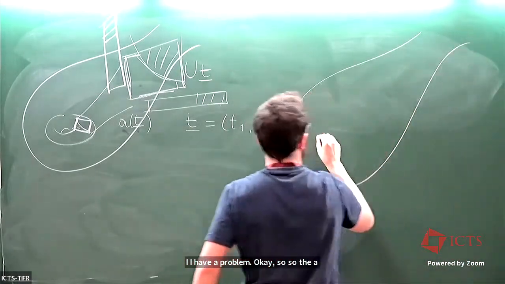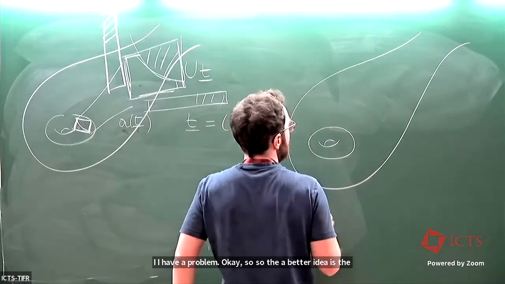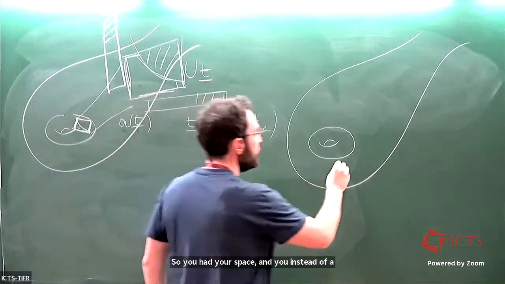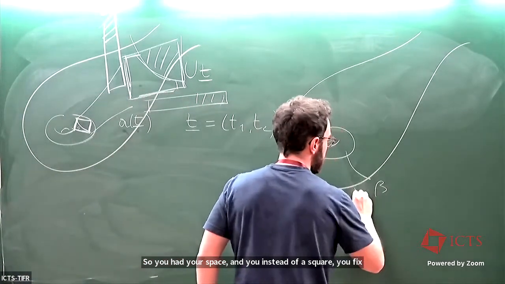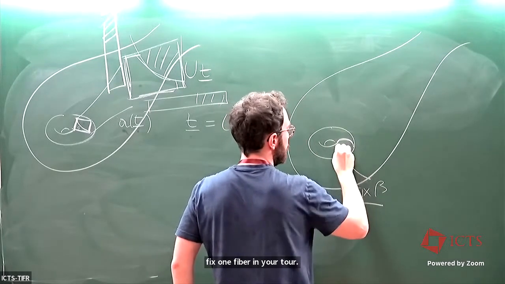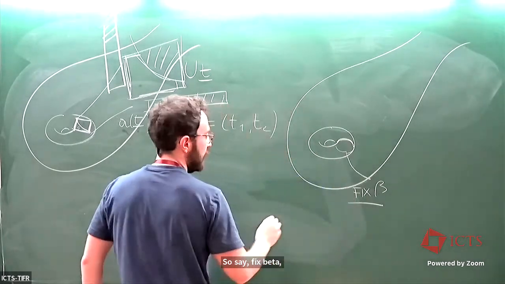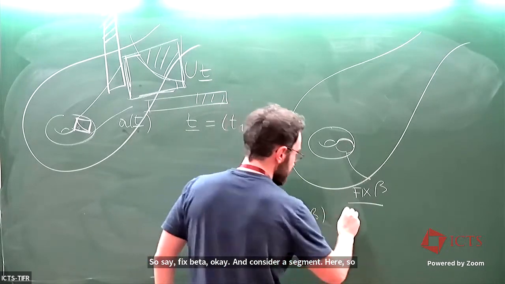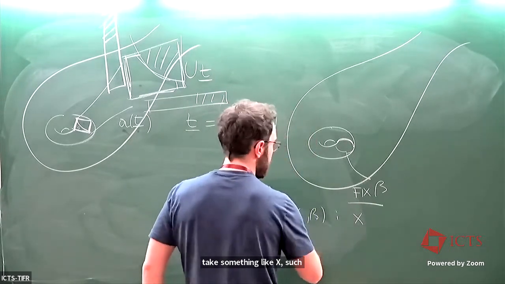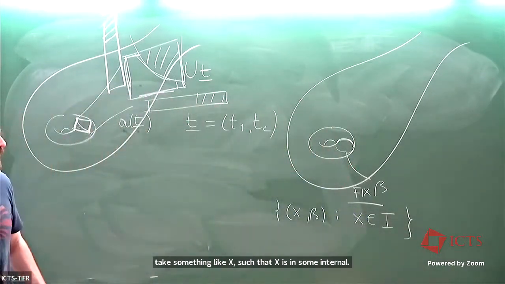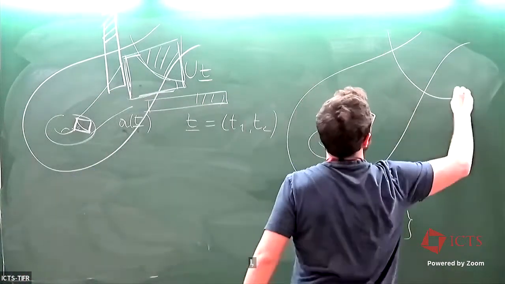A better idea is the following. You have your space, and instead of a square, you fix one fiber in your torus. So say fix beta, and consider a segment here. Take something like x beta, such that x is in some interval I. Then you play the same game.